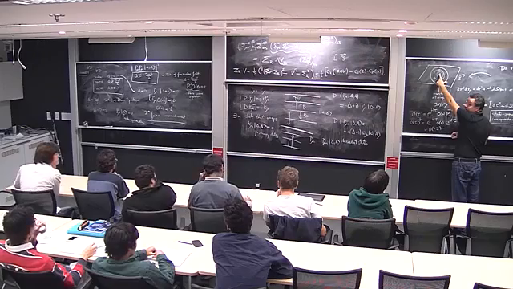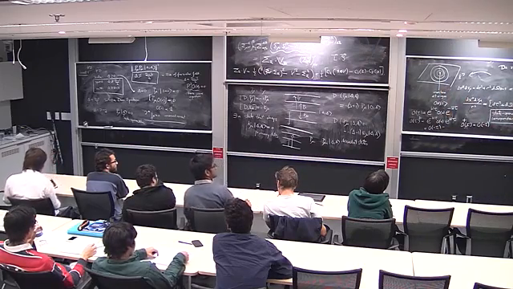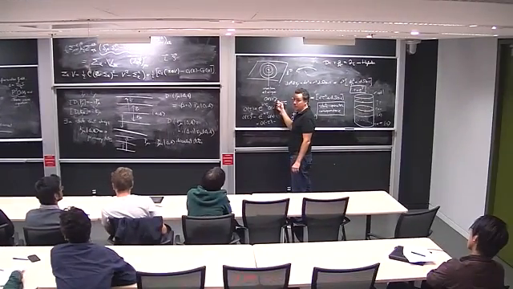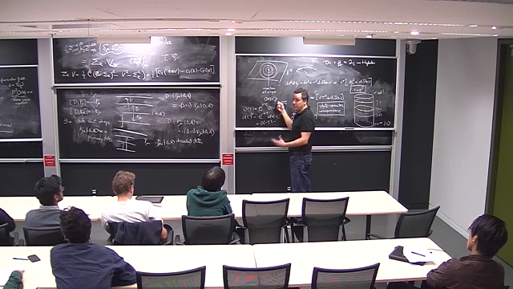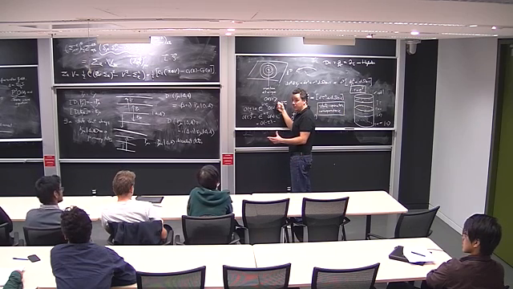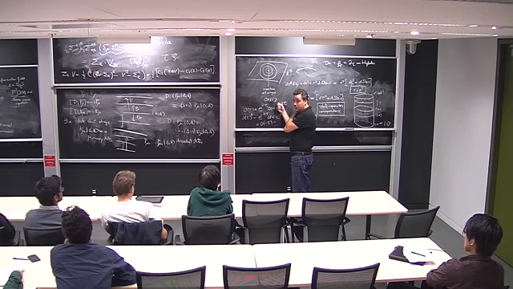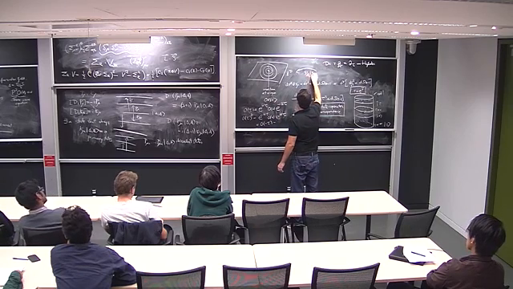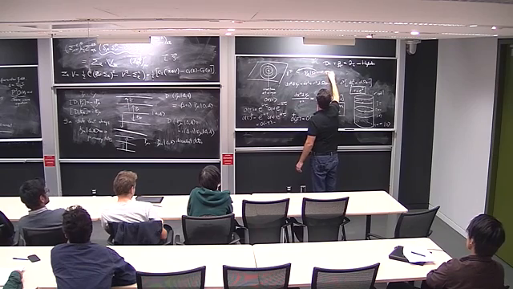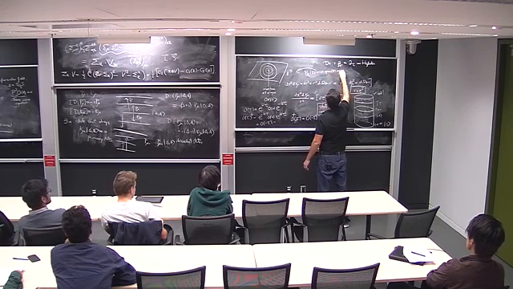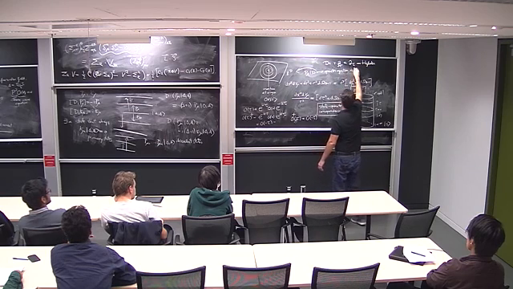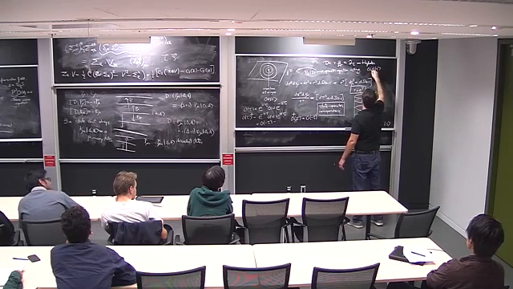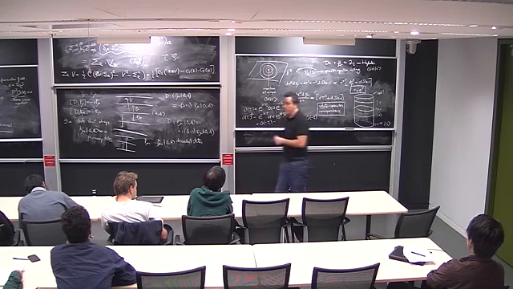And the way to interpret this is that this state is created by inserting an operator at the origin, acting on the vacuum. So for any state, there's an operator that when acting on the vacuum gives you the corresponding state. So if I have an equation like P mu acting on a state, this can be turned into an operator equation, acting on the corresponding operator O.